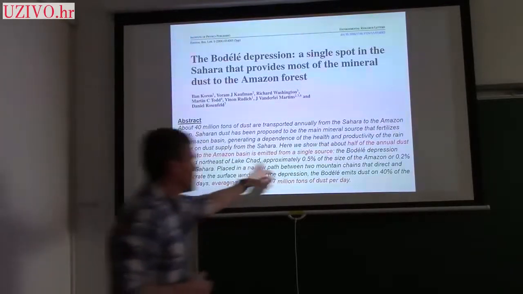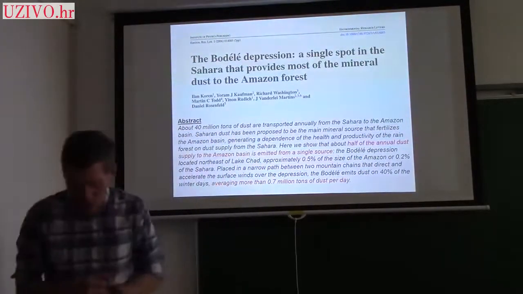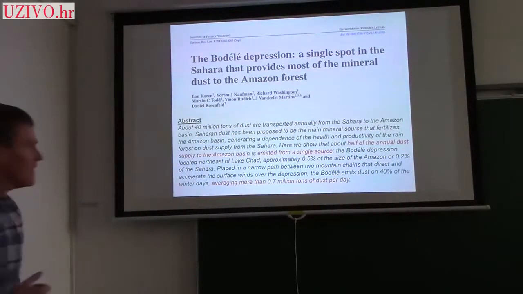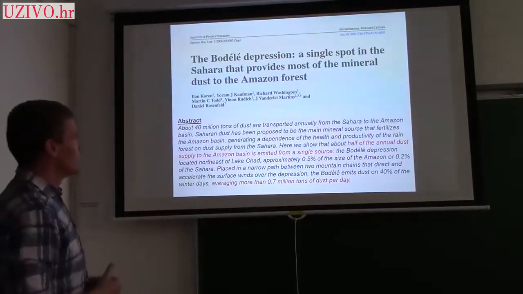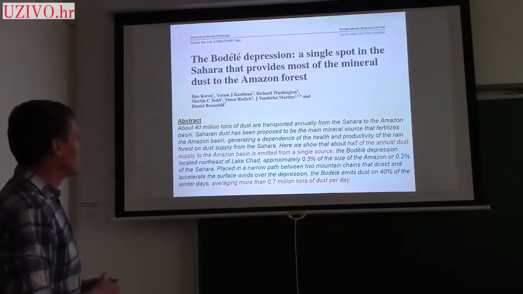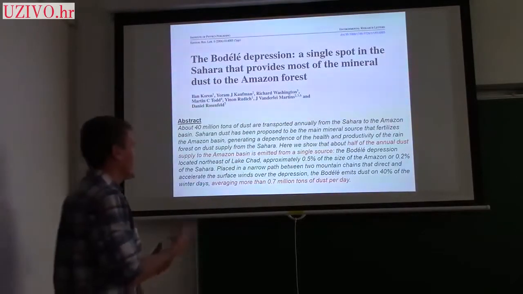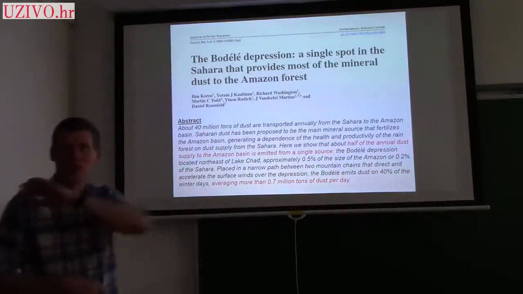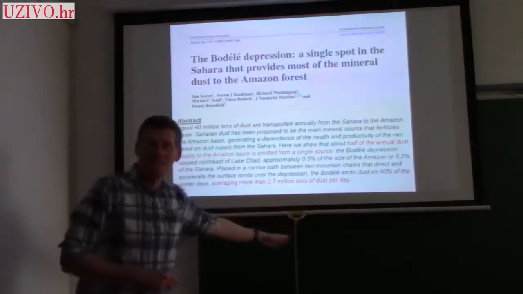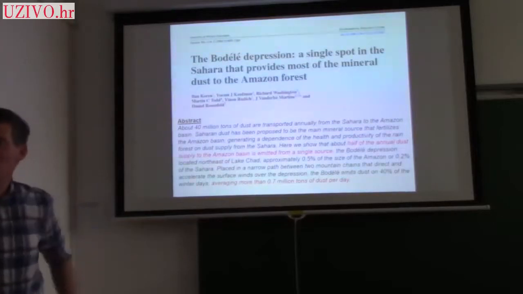And the Bodele Depression is only 2.2% of the Sahara itself. But that's just demonstrating what a phenomenal source of dust it is, and actually showing the amount that's transported, 40 million tonnes of dust blows across the Atlantic every year. So it's not surprising we get some of it.